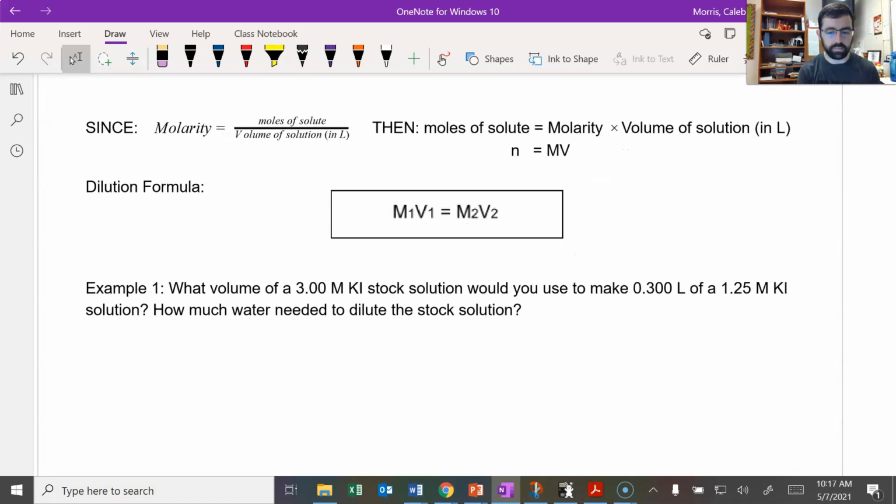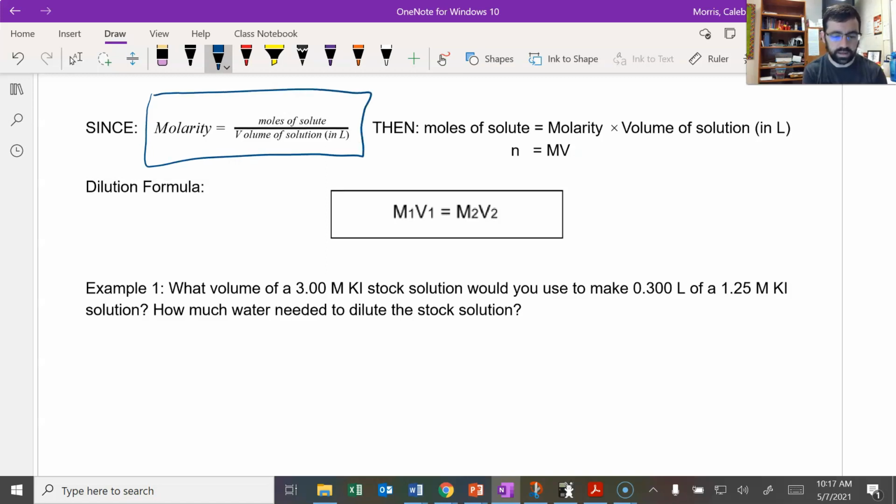All right, our molarity equation is moles of solute over volume of solution in liters. Then moles of solute is molarity times volume of solution. You could write it like this: n equals M times V. So the number of moles is M times V. Remember, the number of moles didn't change when I pour more water in, so this has to stay constant.